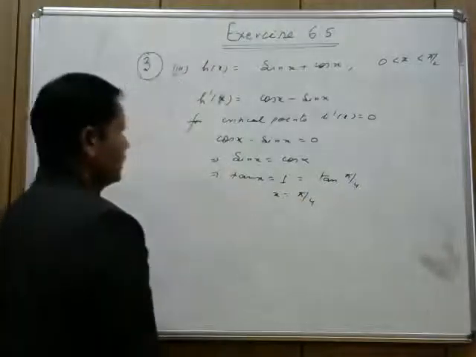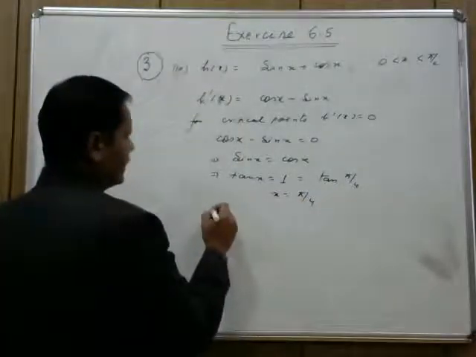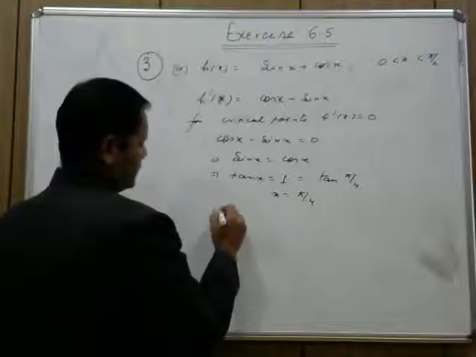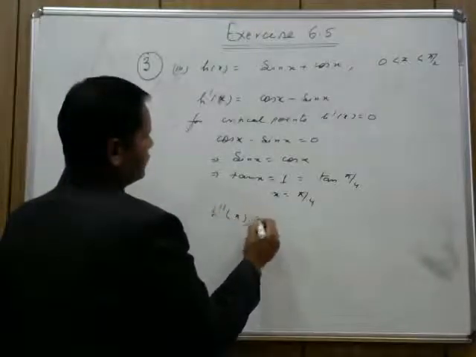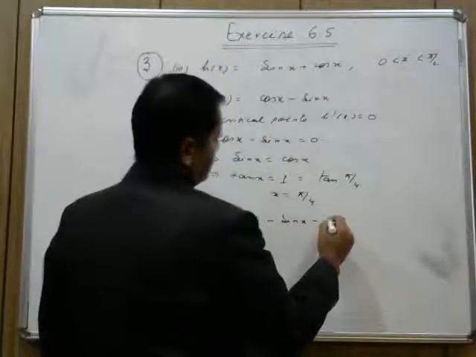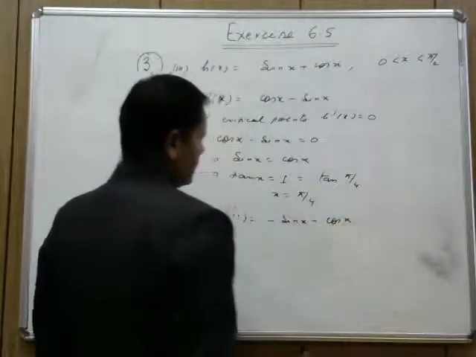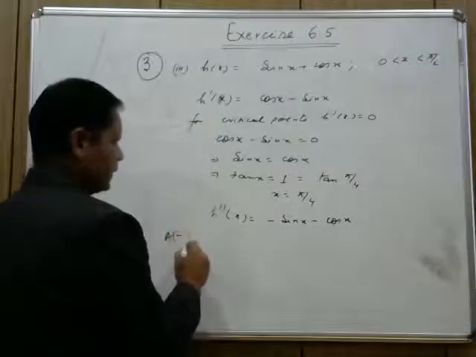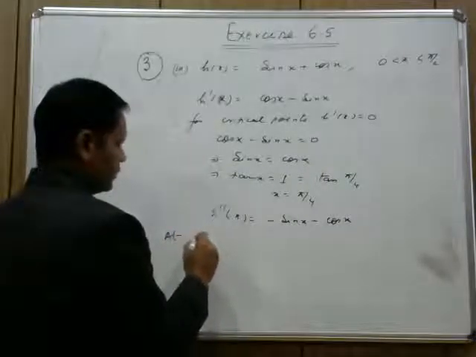Now we will find out h double dash of x, that is h double dash of x is equal to minus sin x minus cos x at x is equal to pi by 4.